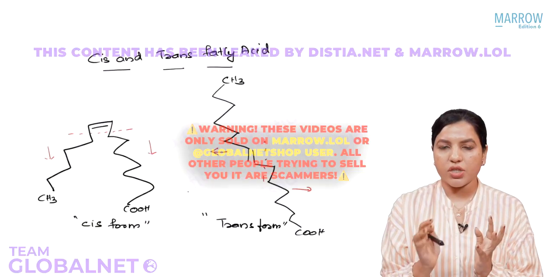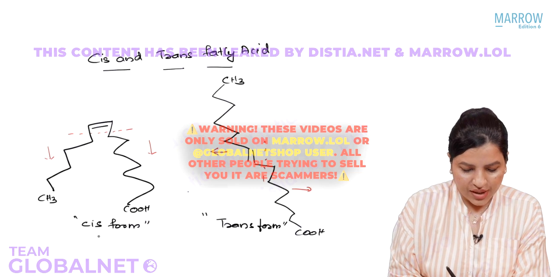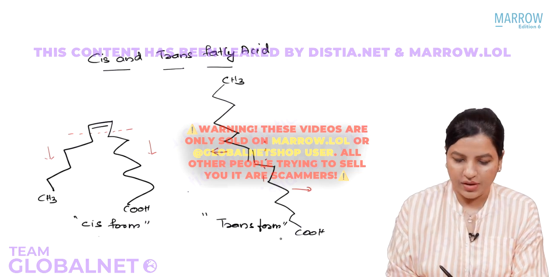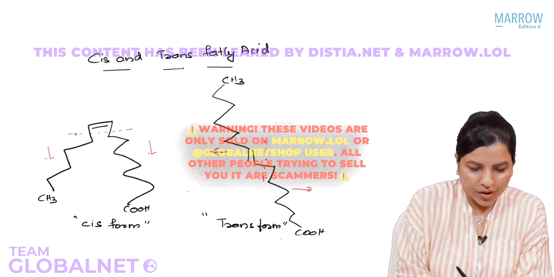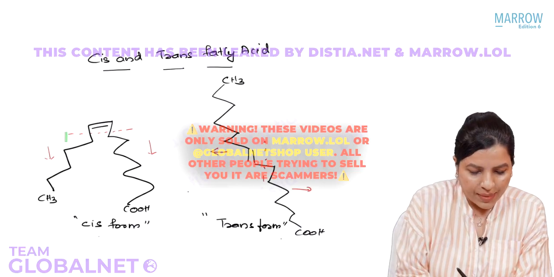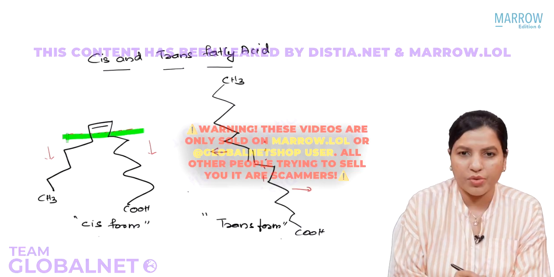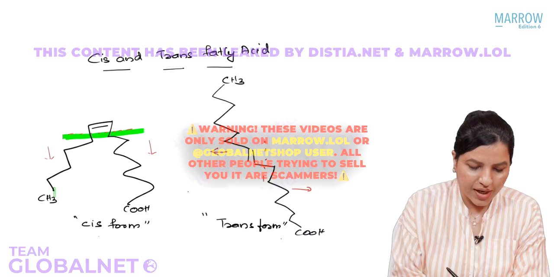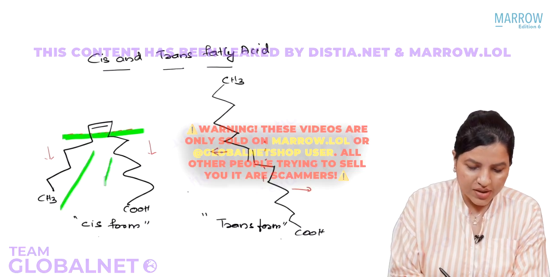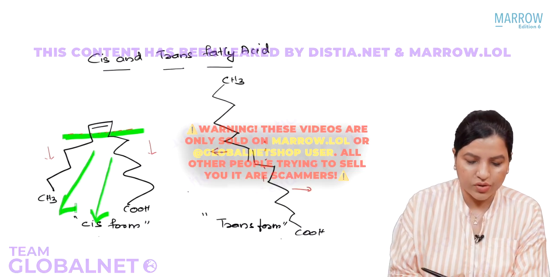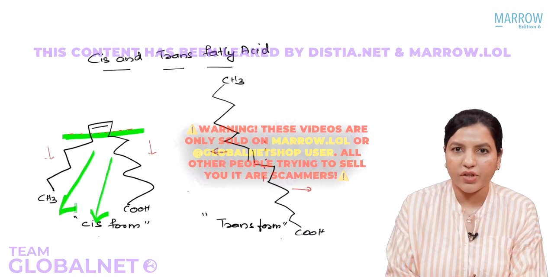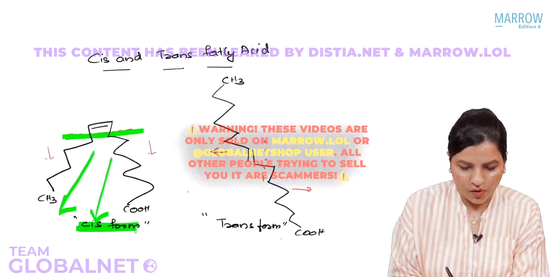So if a structure is given, two diagrams are given here, cis and trans. What you can do is draw a line parallel to the double bond. If you can see both hydrocarbon chains on the same side of the double bond, then it is cis form.